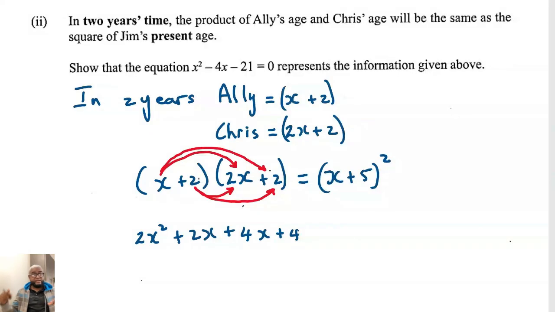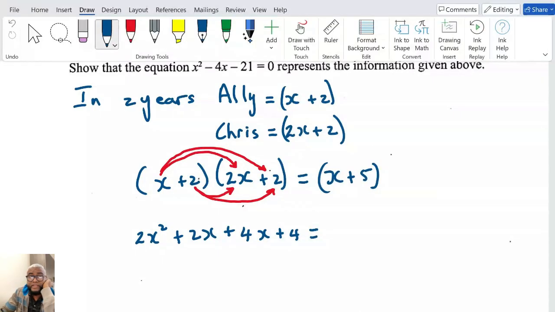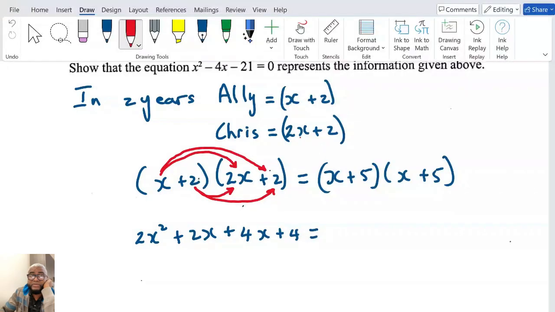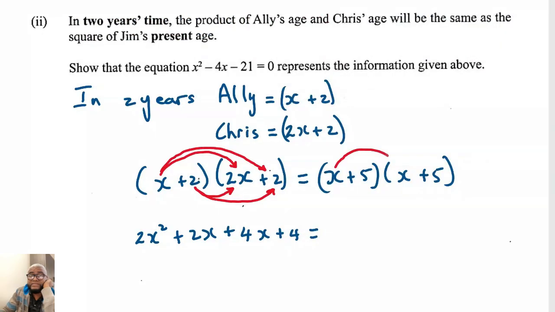Everybody good there? Now, on this side, I want you to understand that the square here would actually be x plus 5 multiplied by x plus 5. Same thing applies here. X by x and x by 5.